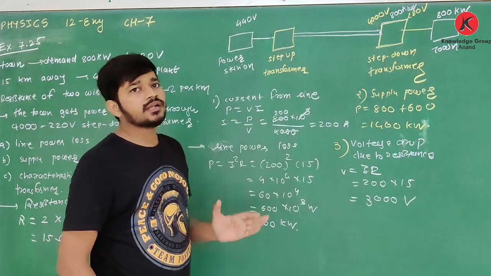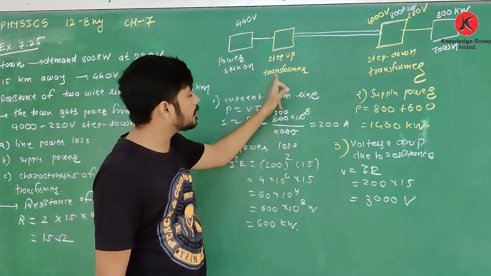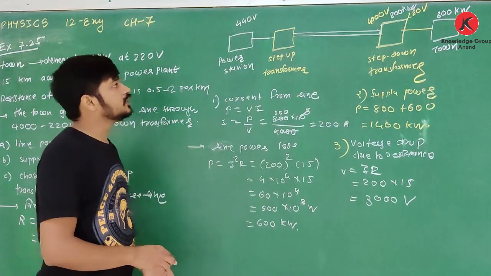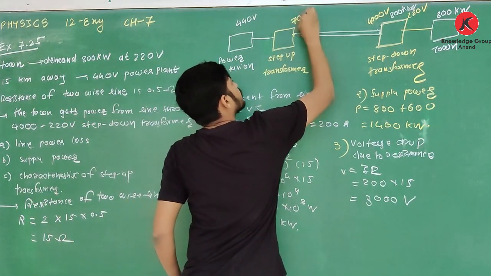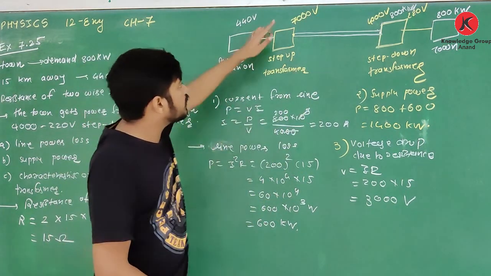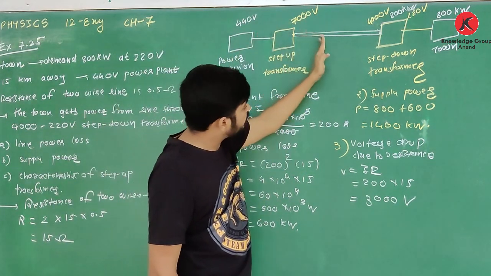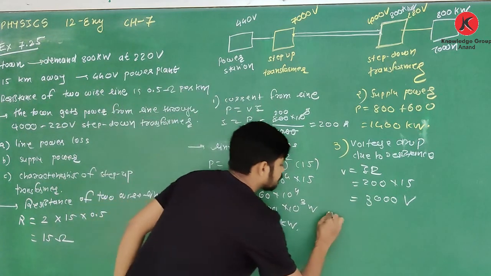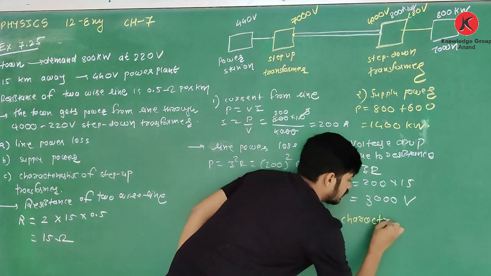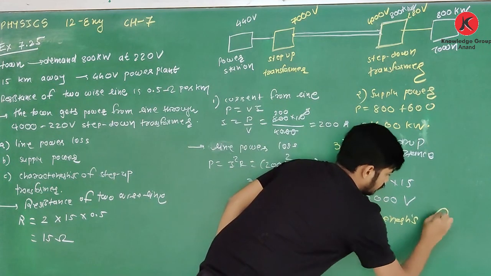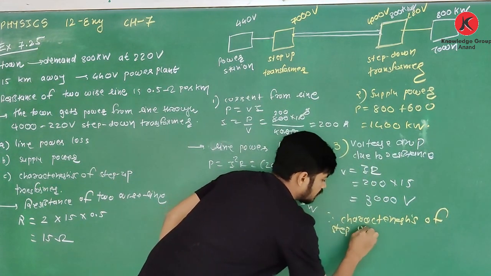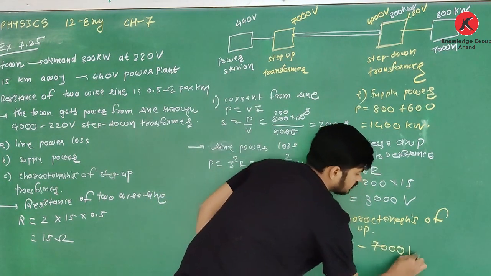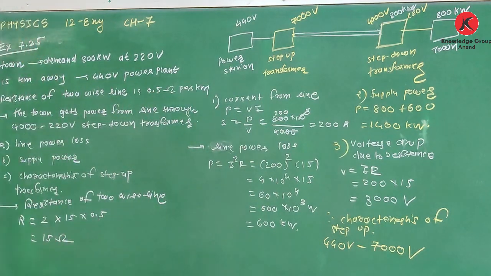So when power is supplied from the step-up transformer to the step-down transformer, 3000 volt decreases. So at this point it will have 7000 volt, obviously, because if 3000 volt decreases, then here it will be 4000 volt. Therefore the characteristics of the step-up transformer are 440 volt to 7000 volt.